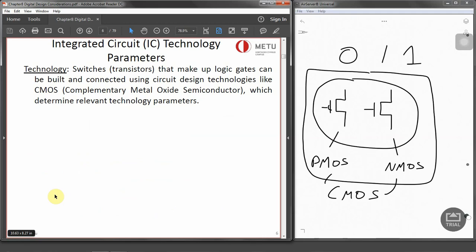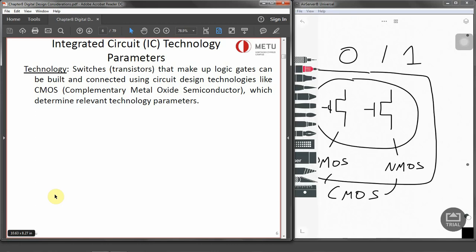Nowadays researchers are looking for alternative ways of implementing these designs because they want something faster, more power efficient, and also accurate when they perform logic operations.